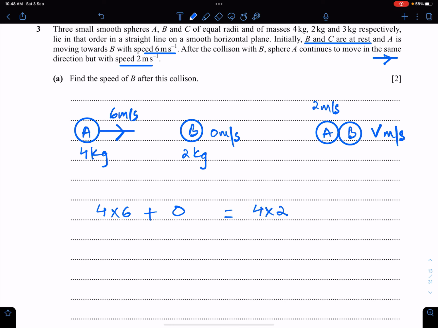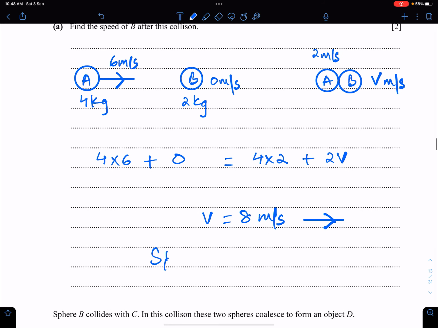This is momentum of A and this is momentum of B. Hence V is 8 meters per second.